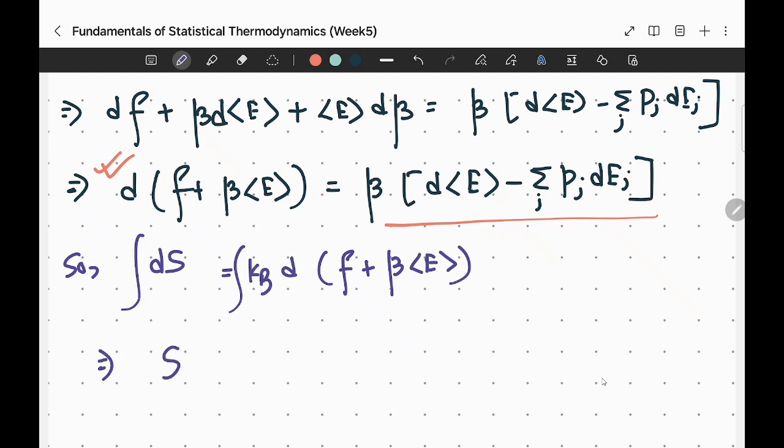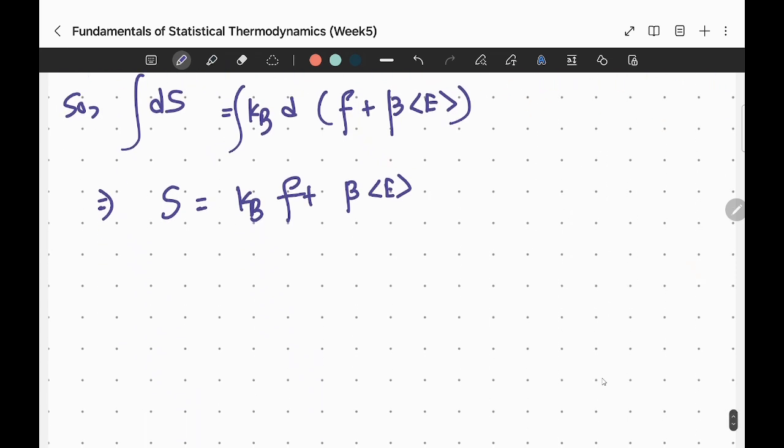So S will be kB times f plus beta average E, and KB beta means 1 by T. And C will be there. C is our integration constant.